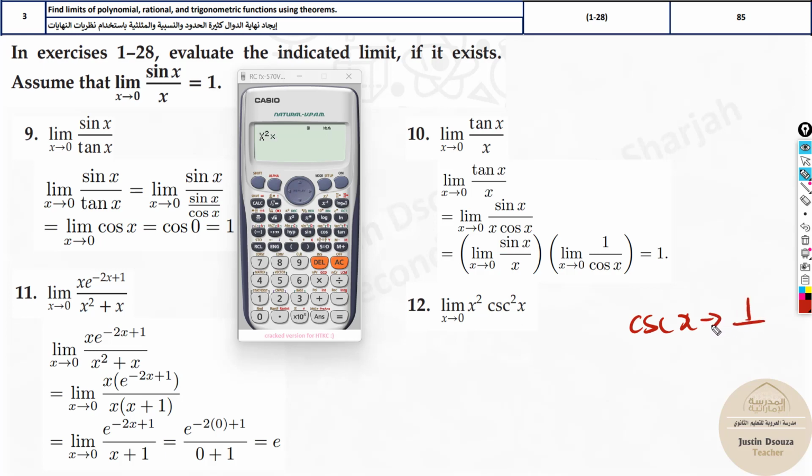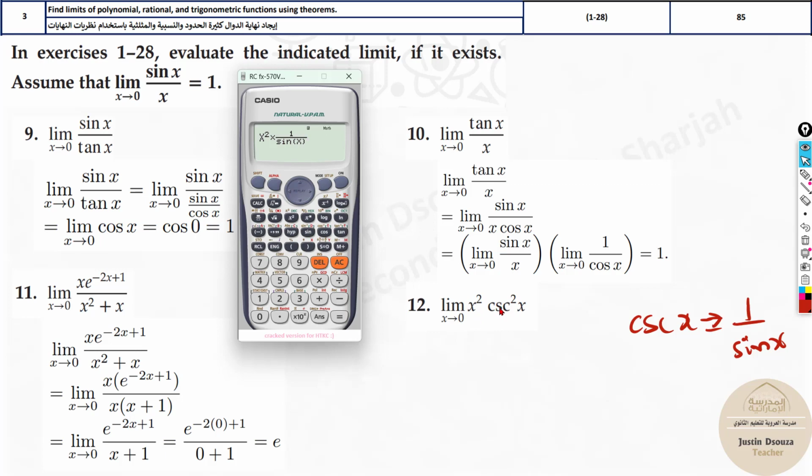It's a reciprocal of sine, that is equal to 1 by sine x. If it is c, it is reciprocal with s. If it was secant, it is reciprocal of 1 by cos x. So that's the thing. Now all you need to do is 1 divided by, instead of cosecant, put sine x. That's it. Now this is very important where it is squared. Look at this.